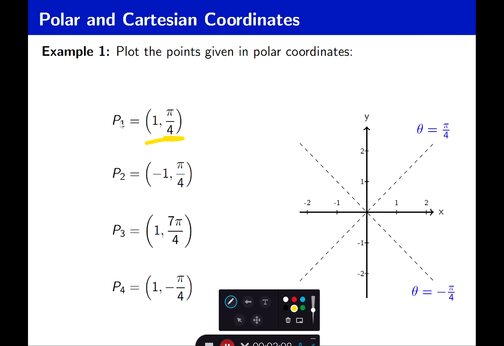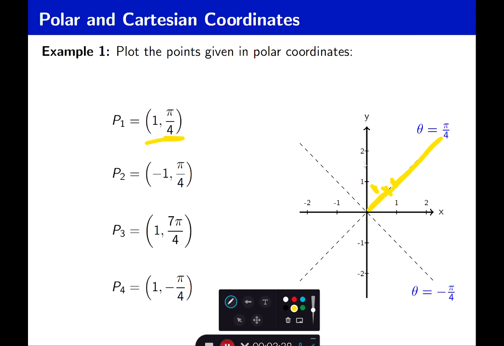We find the angle and the ray that makes pi fourth. Then on that one you basically separate 1. So this is 1, and that would be the point 1 and pi fourth.